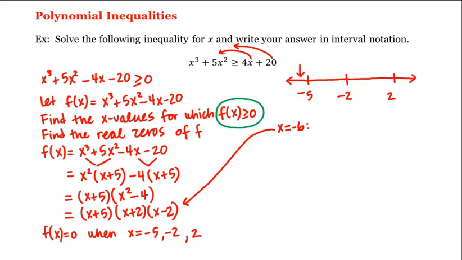Because if we plug negative 6 in, what do we have? Negative 6 plus 5, which is a negative number, times negative 6 plus 2, which is also a negative number, and then negative 6 minus 2 is also a negative number. And negative times negative times negative is negative. Which means in this first interval here, f is negative.